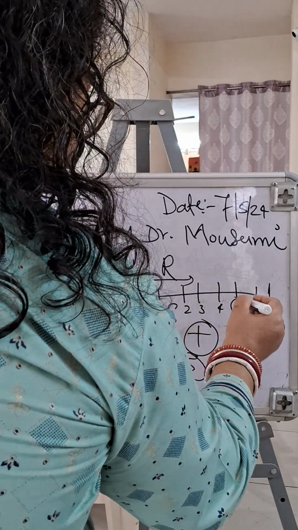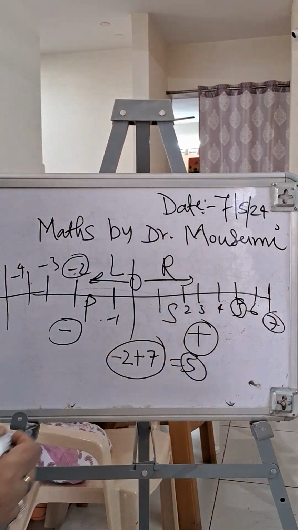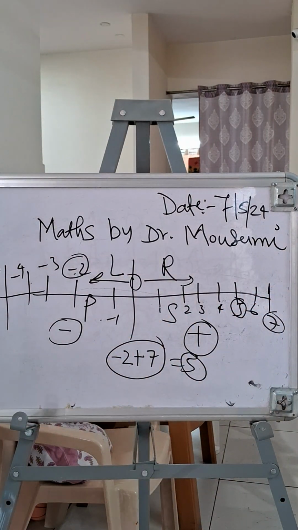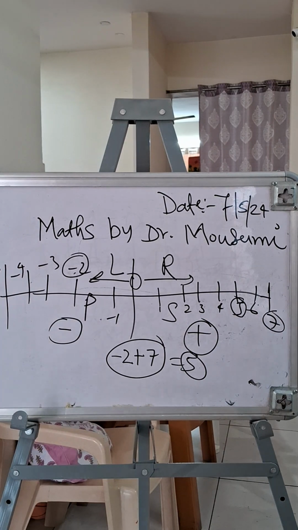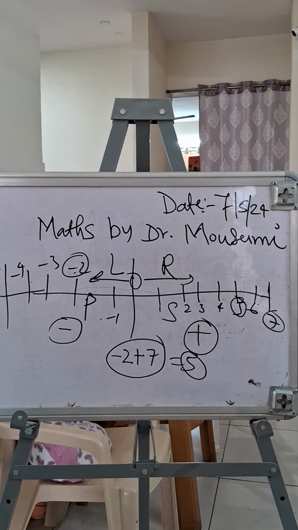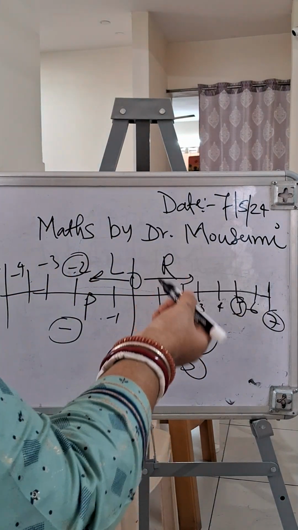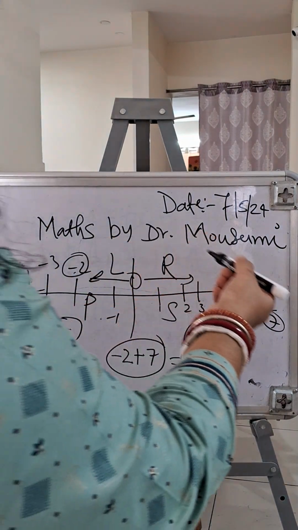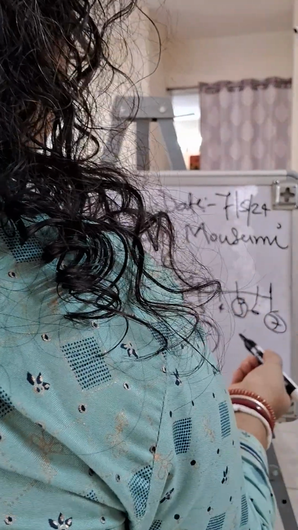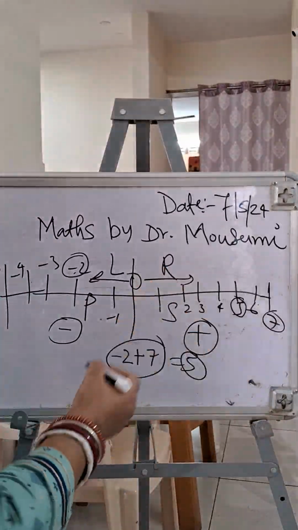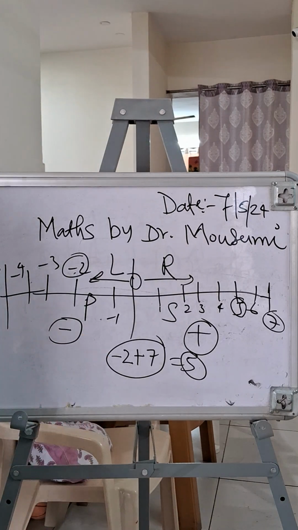So when we move between numbers in a positive or negative direction, we have to follow certain rules.